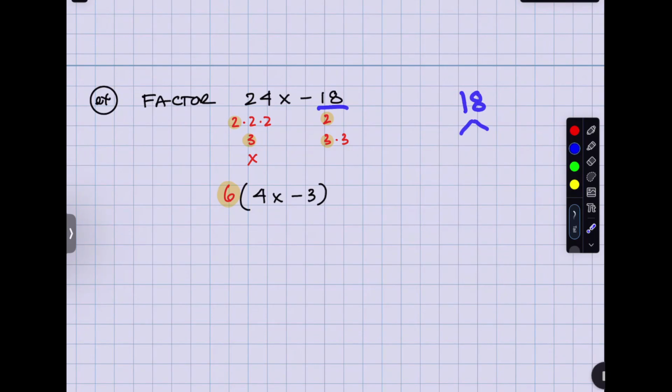18. Questions? Are we able to do this on our own?